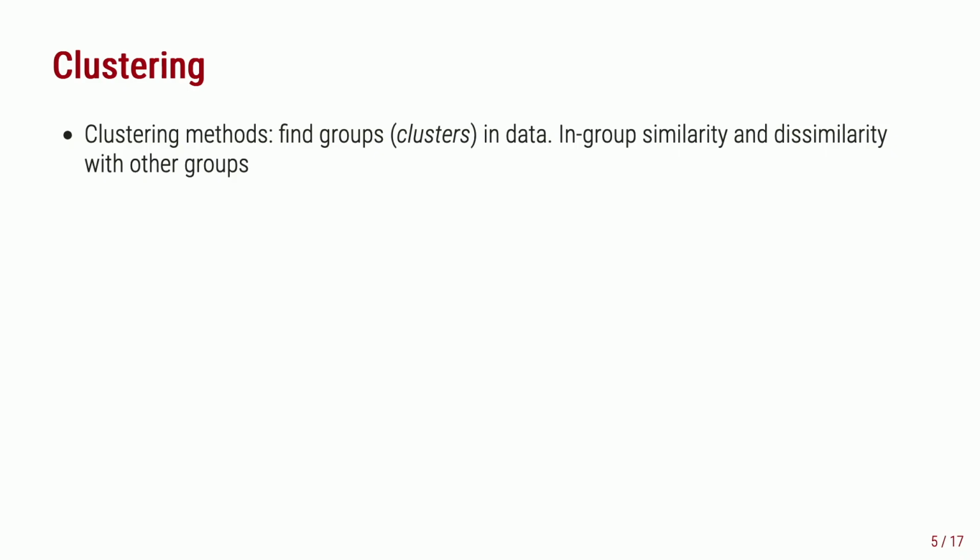Spoiler alert, even if they are not supposed to form groups, cluster will form groups, because that's what it does. And I am talking about dissimilarity and similarity because the cluster is formed based on them. The in-group similarity should be high. The similarity between groups should be lower. So based on how you measure similarity, you will form your groups.